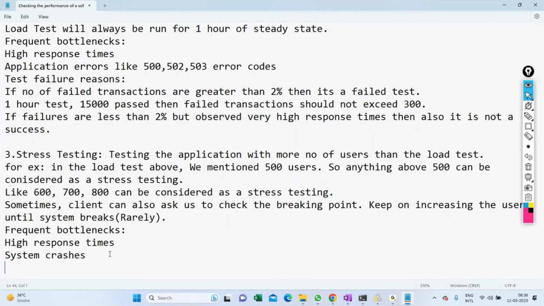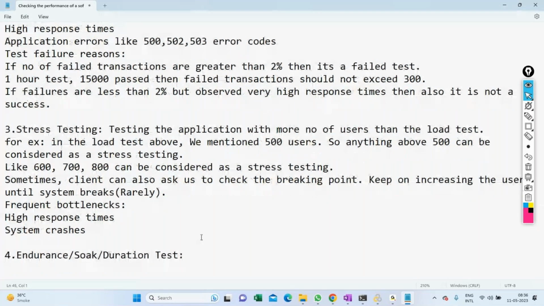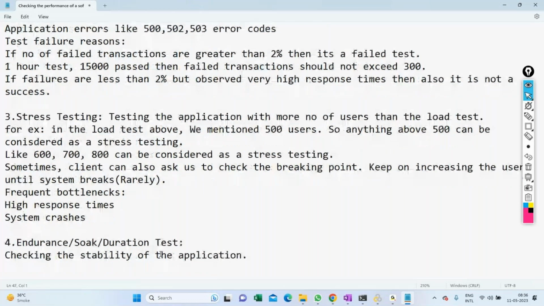Then you have an important one called endurance or soak or duration test. This type of test is all about checking the stability of the application. So what do you mean by checking the stability of the application?